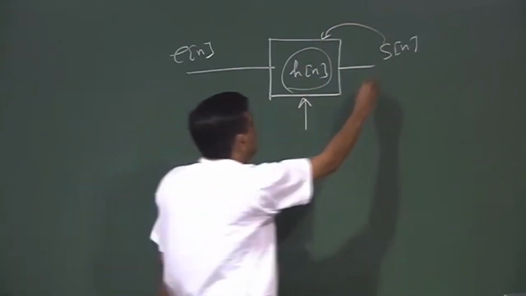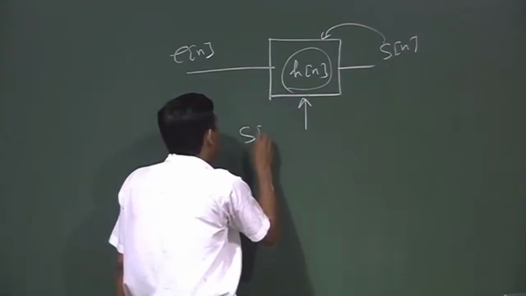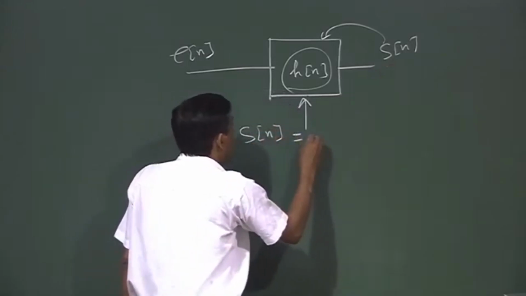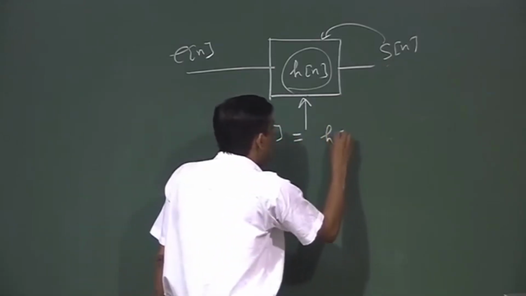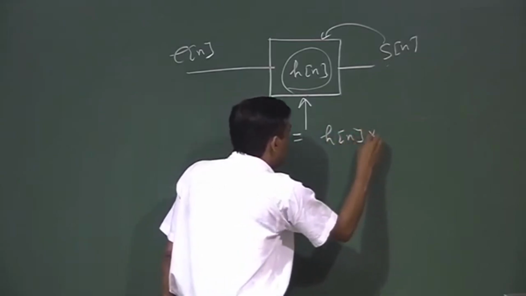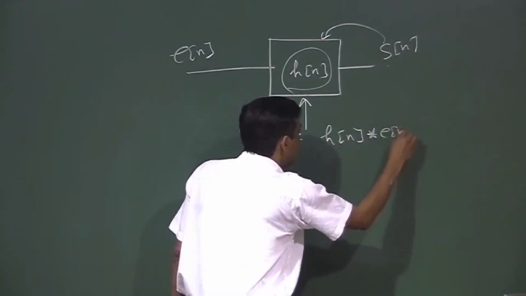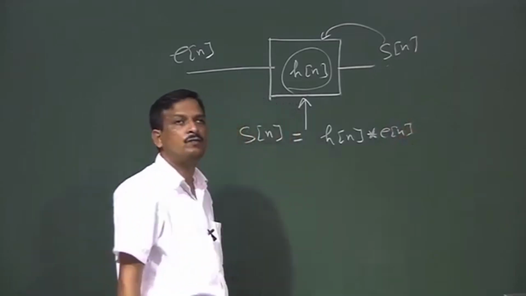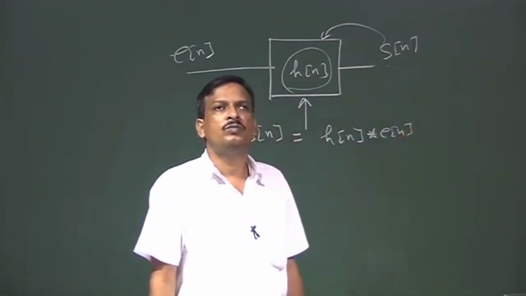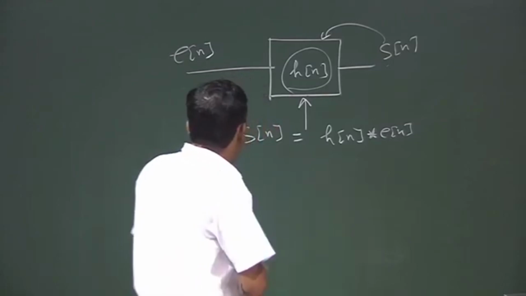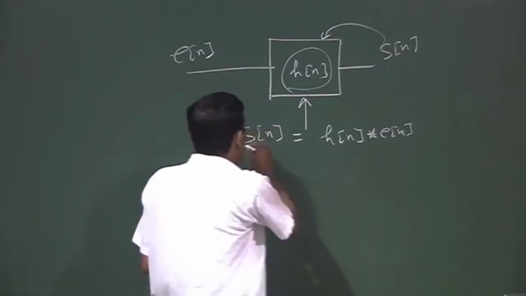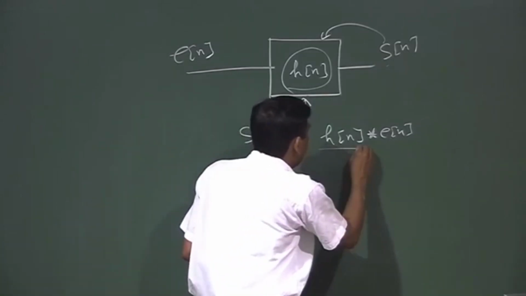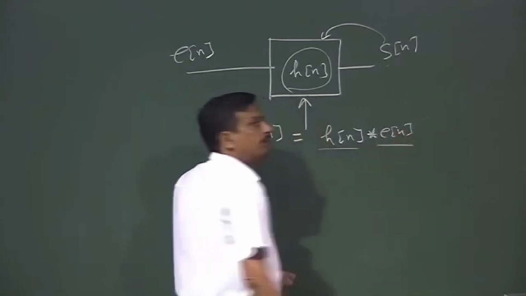I recorded the speech signal S(n), which is nothing but H(n) convolved with E(n). Now, how do I extract H(n) and eliminate E(n)?